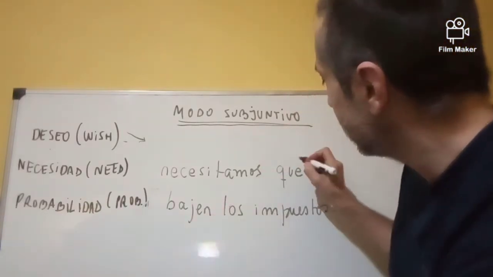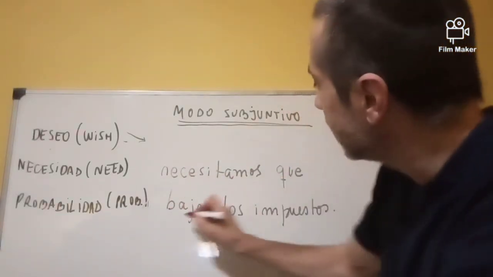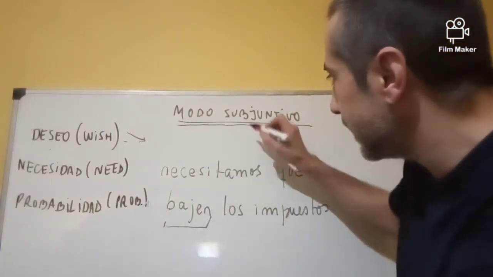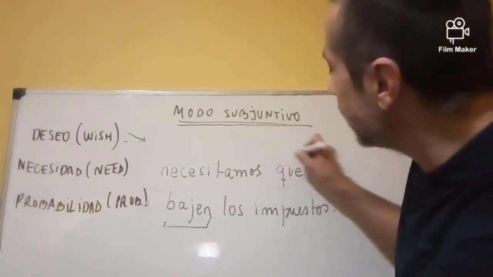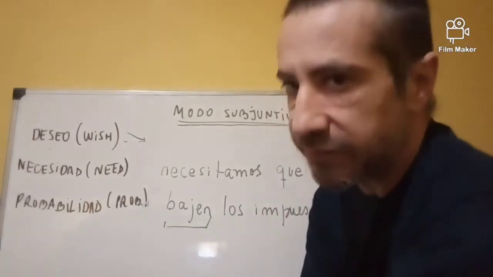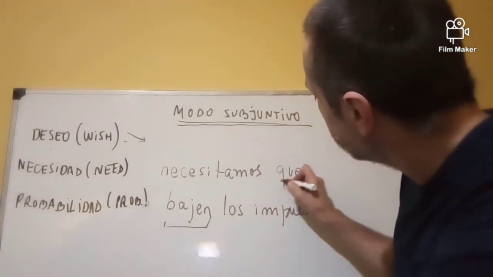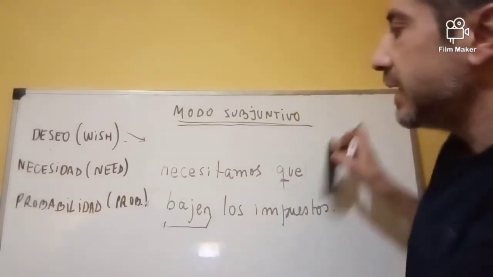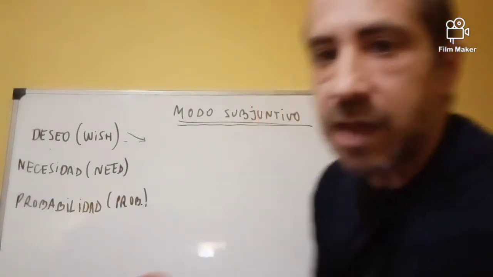So as I said before, this verb in this mode is not always, but most times, preceded by the subordinator que. Finally, let's see an example of probability.